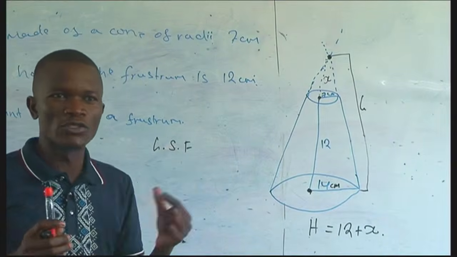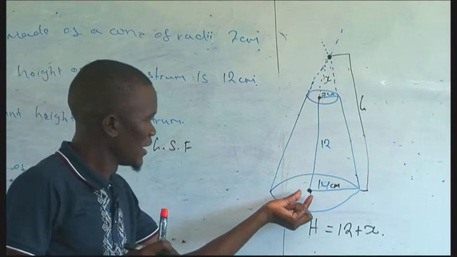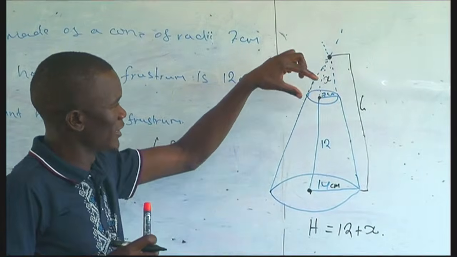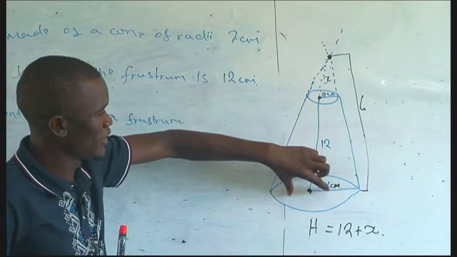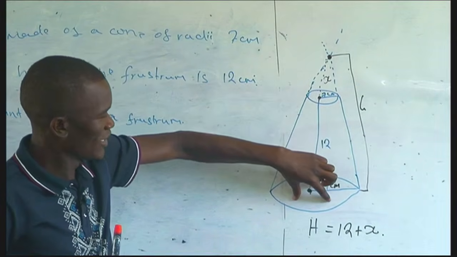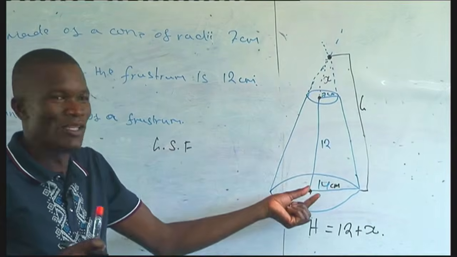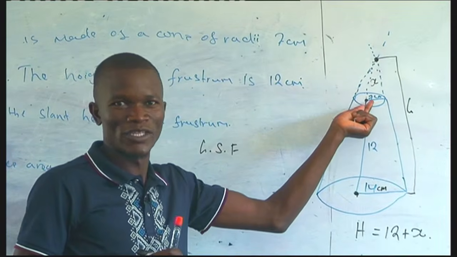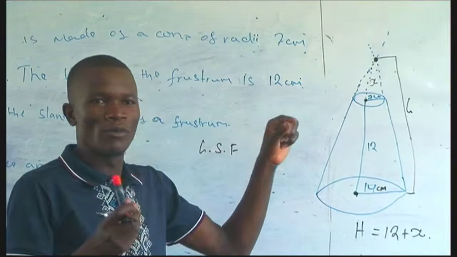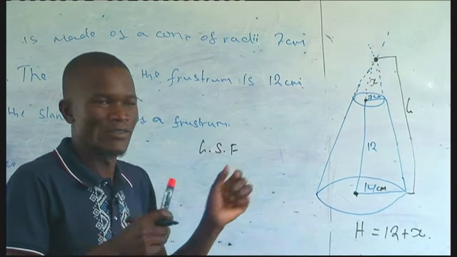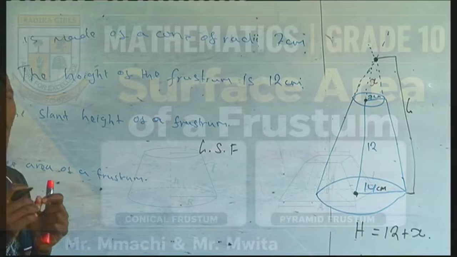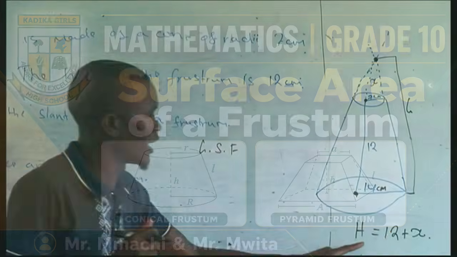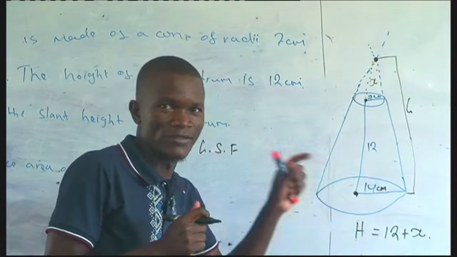Why am I introducing this concept? Because either the top was enlarged to give us the base, or the base was magnified to give us the top. So we need to come up with a linear scale factor to get the total height of the whole cone.